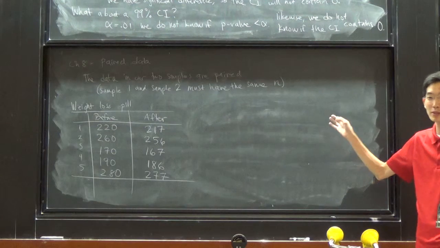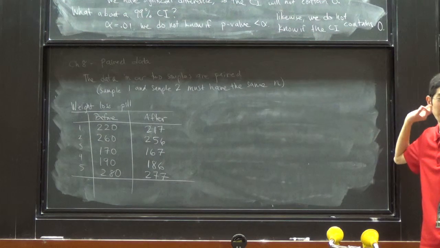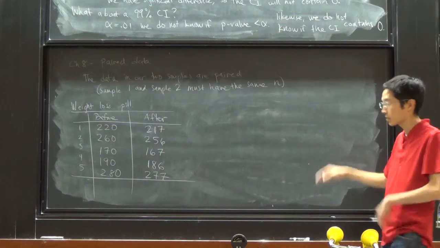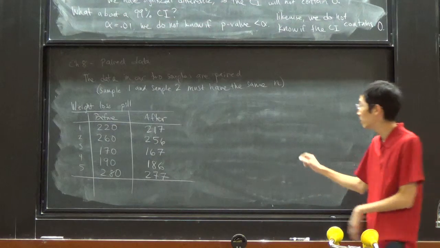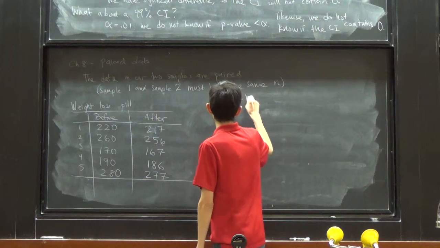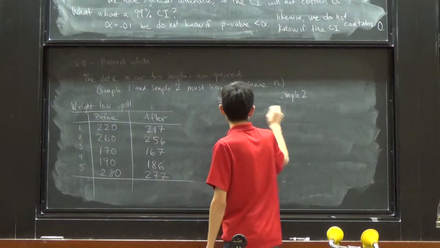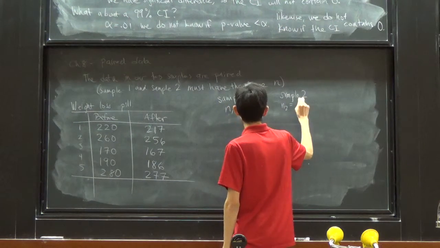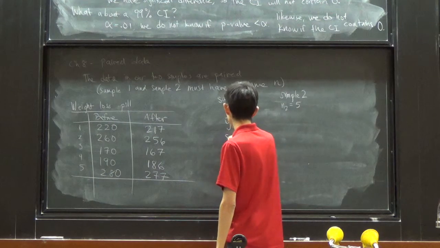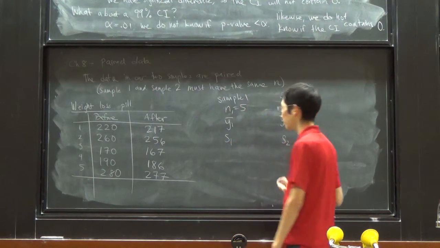So I'm going to analyze this the wrong way. Okay. So do the analysis here with an independent t-test. Okay. So let me just punch these into the computer so I can calculate the sample 1 and sample 2. N1, N2, we both have 5 people, and I'm going to calculate Y bar and S for each of these, okay?